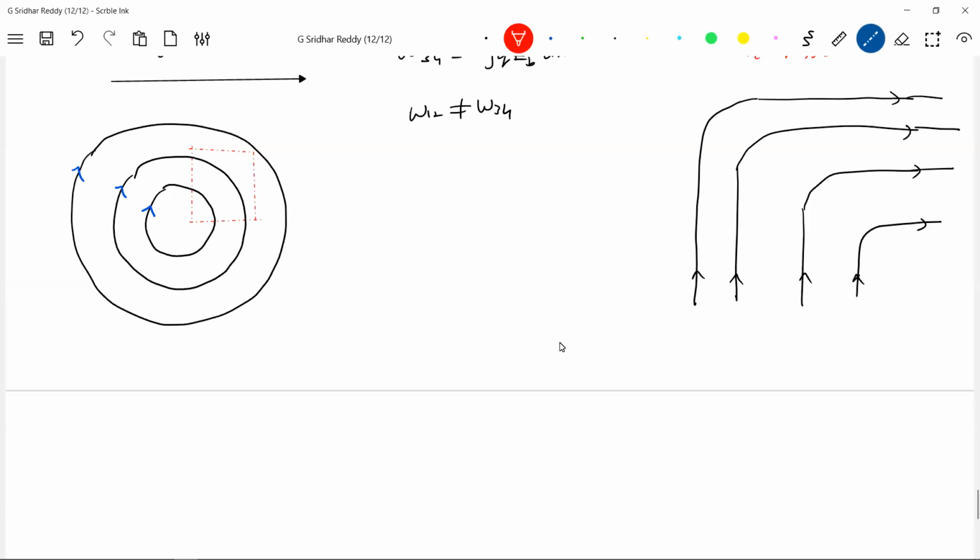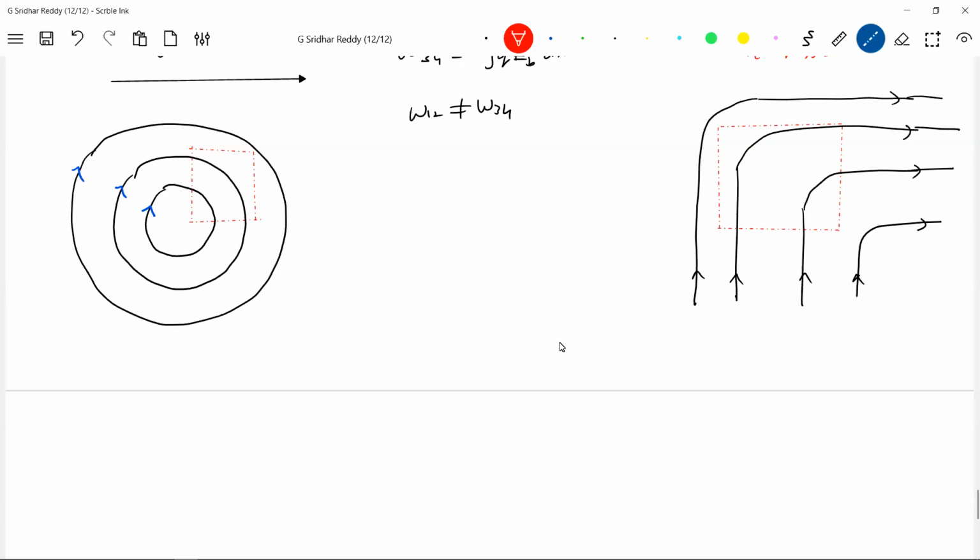Calculate the work done. It will be non-zero. Similarly here, I'm asking you to take a closed path. It will be non-zero. The net work in the closed path will be non-zero. So definitely these are not possible.